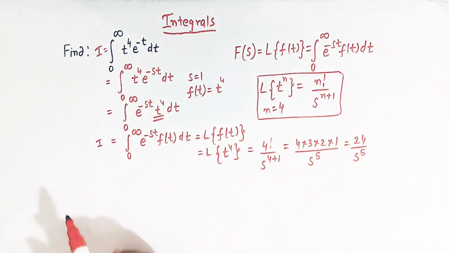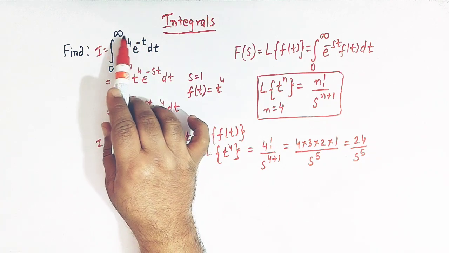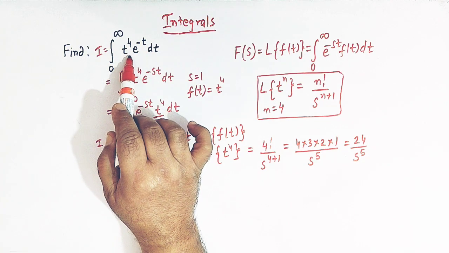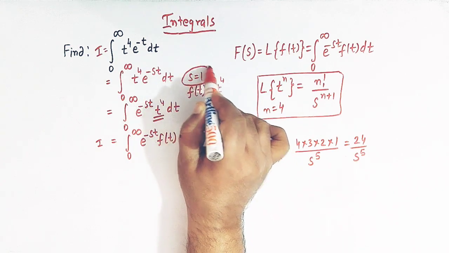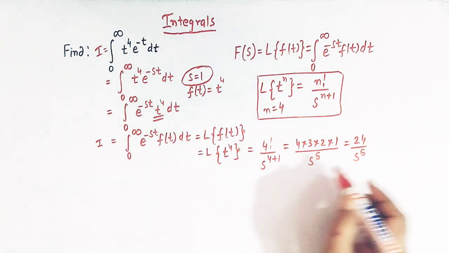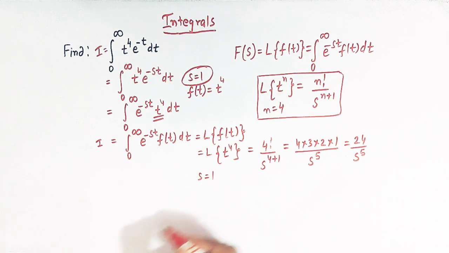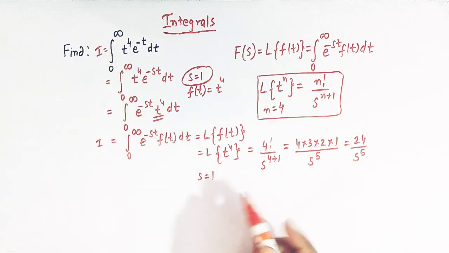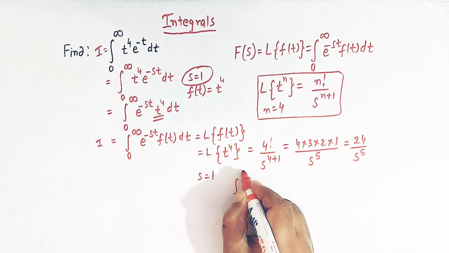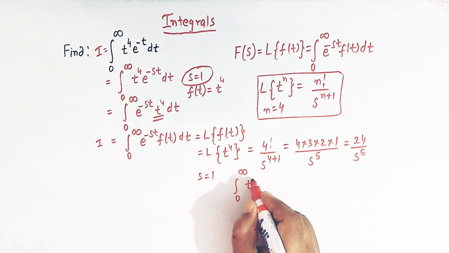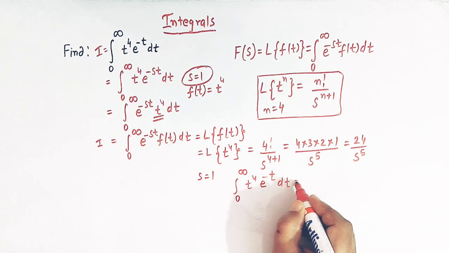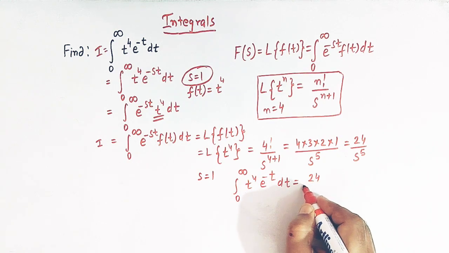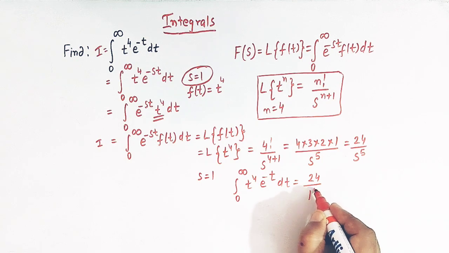Now we wish to find the value of this integral, so we will again replace s by 1. Taking s equal to 1, we get the integral 0 to infinity t raised to 4 e raised to minus t dt, and this is 24 divided by 1 raised to 5.